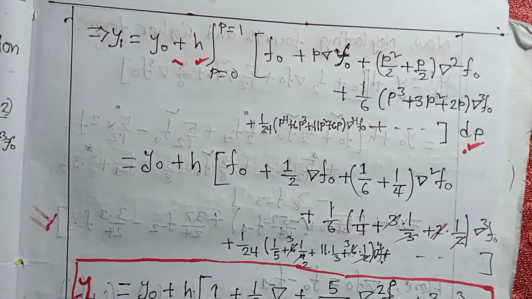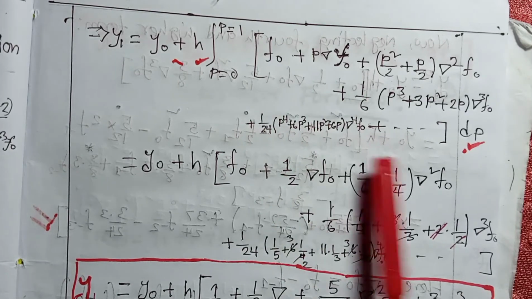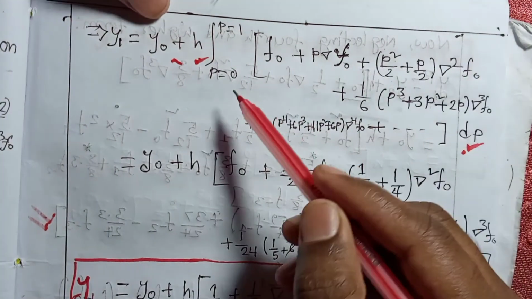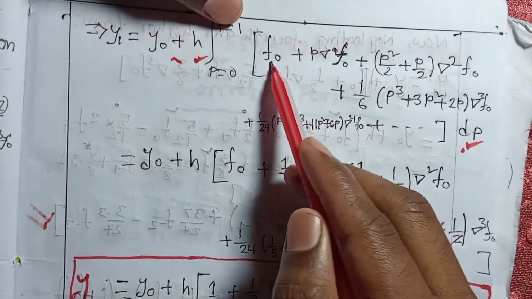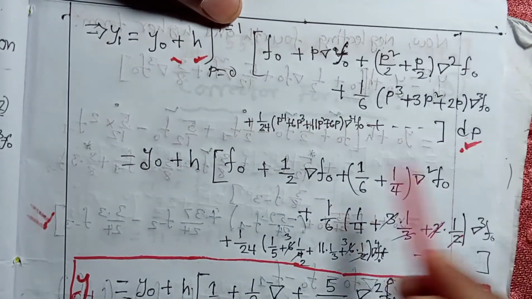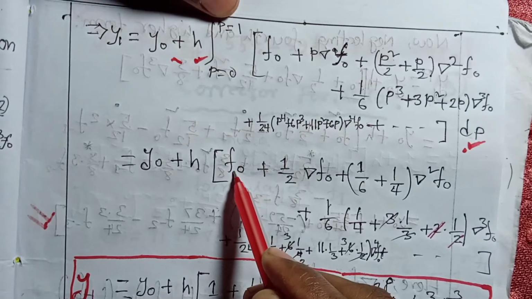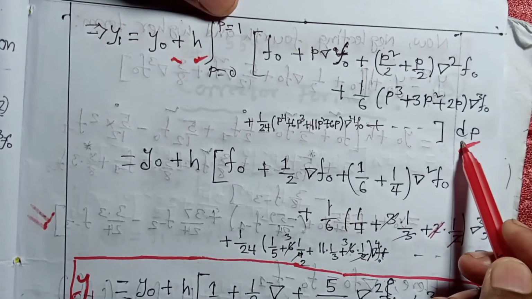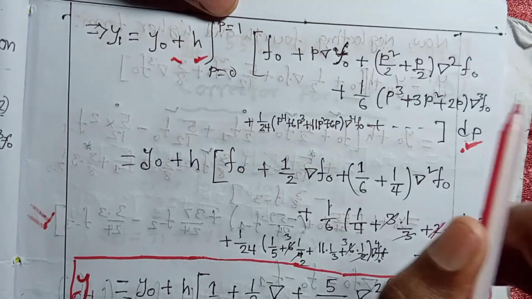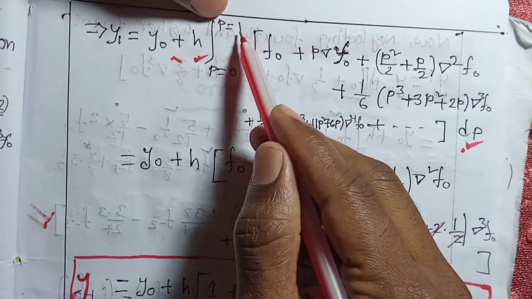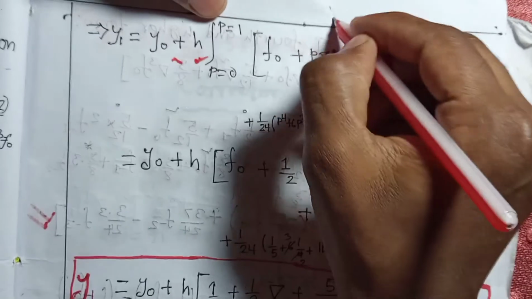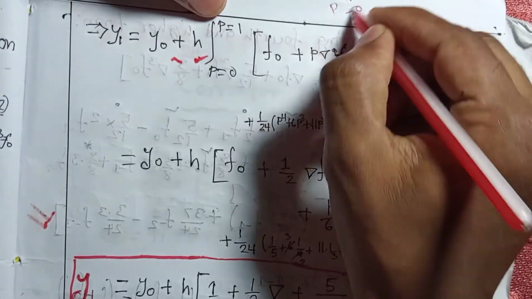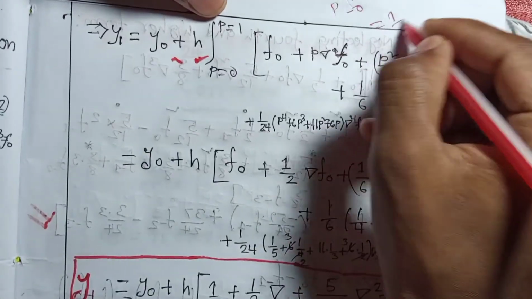Now integrate this. The integral of f0 dp, the integral of dp is nothing but p, and we put the limits 1 to 0, that is nothing but 1.